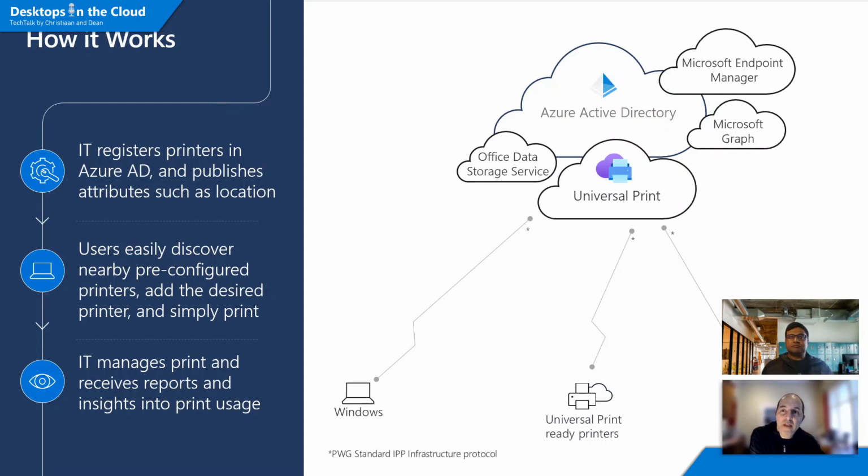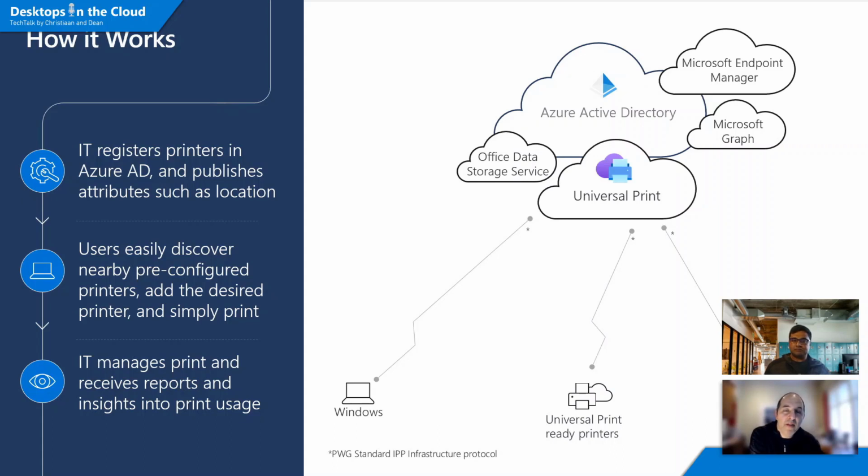This way, the print environment works without a server because the user can print directly through Azure Active Directory, and they don't need a VPN. They could be anywhere in the organization or outside the organization, so it's really seamless for them to print. And they don't need to install a driver on their machine.